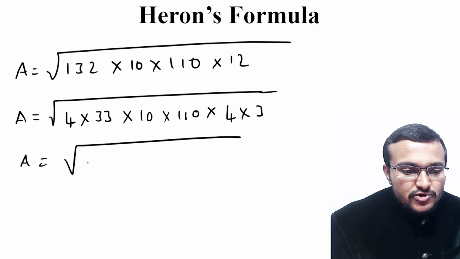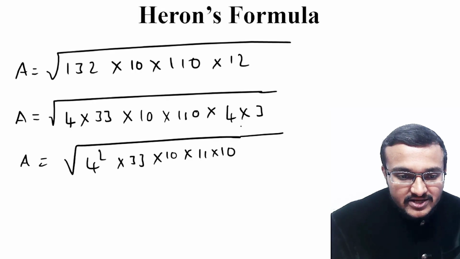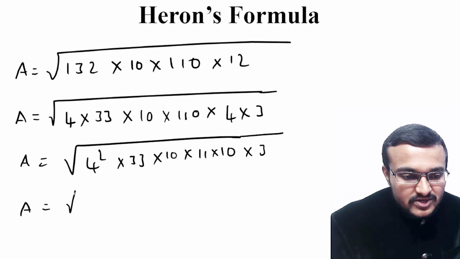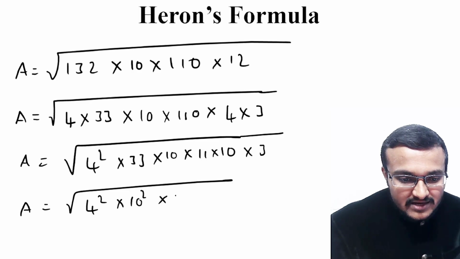So here 4 into 4 you can write as 4 square. So 4 square into 33 into 10. 110 you can write as 11 into 10. So into 3 will be remaining. So now 10 into 10 you can write as 10 square. So 4 square into 10 square into 33 into 11.